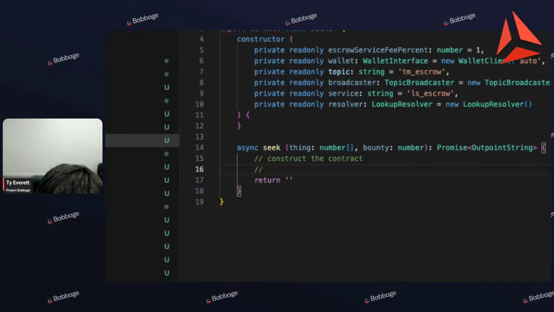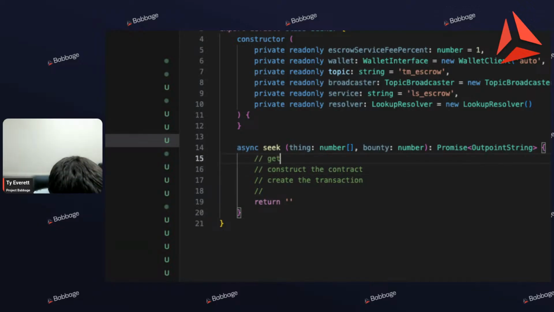So you construct the contract, you create the transaction, get your own public key, construct the contract, create the transaction, register on the overlay.